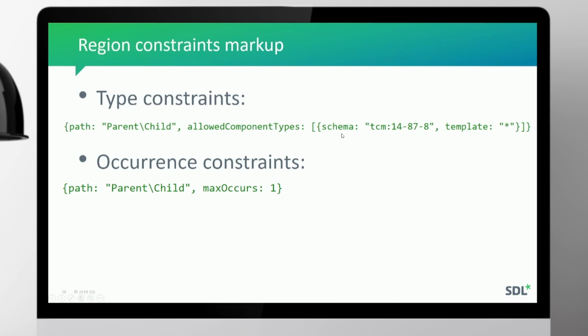So here I have an example that this region, parent child, can contain component presentations based on a schema with this TCM URI and any templates. In the UI this corresponds to the all component templates allowed option. And the occurrence constraint is represented with the max occurs value.